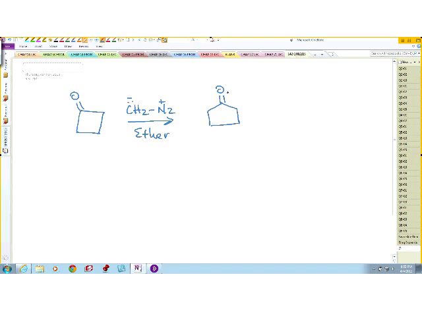Okay, so now once you get your cyclopentanone, you want to make an alpha bromo compound, then how do you do that? Then you can get this here. Now you see where this is going here, right?